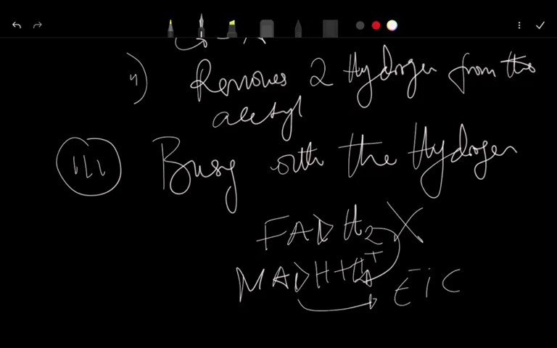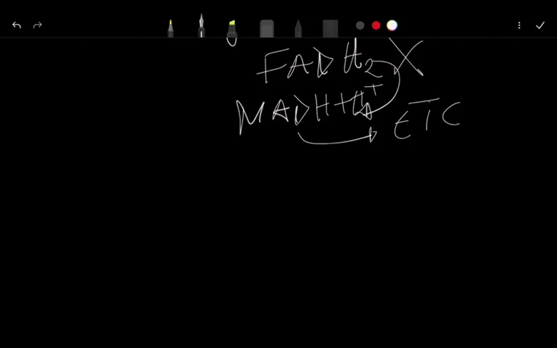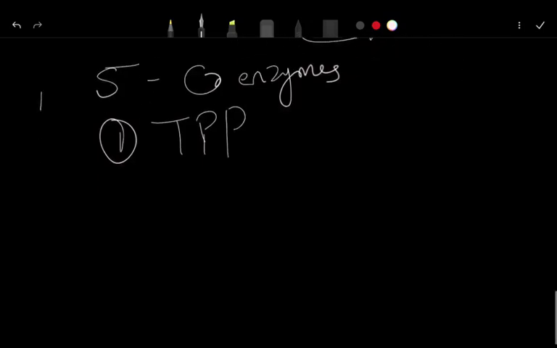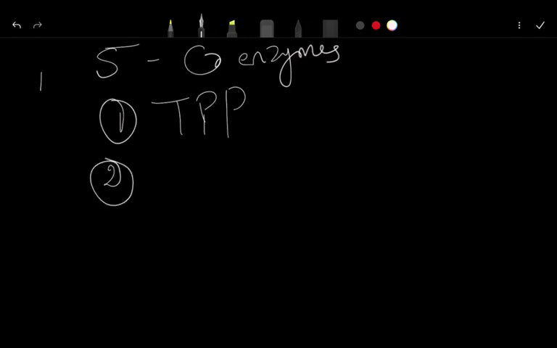Okay. So I believe with this now you've understood the 3 enzymes and 5 coenzymes. So let's just list the coenzymes. I already listed the enzymes. The 5 coenzymes: number 1 is thiamine pyrophosphate. Number 2 is coenzyme A. Number 3 is lipoic acid.